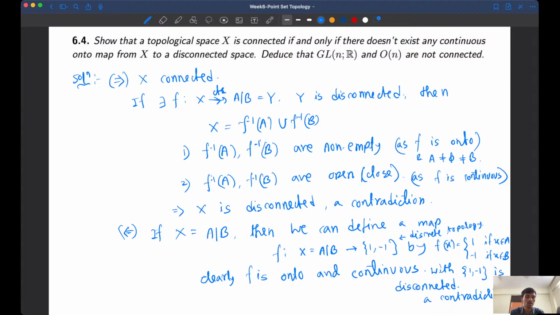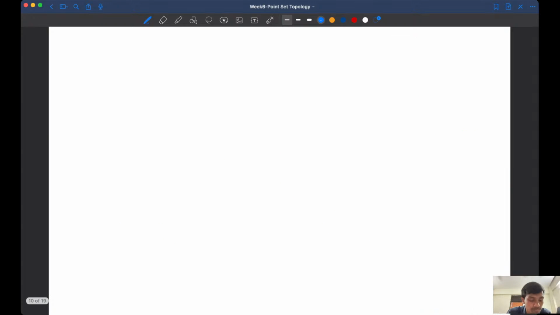Hence we can't write X as a separation A and B, right? And an easy consequence of this is that GL_n(R) and O_n(R) are not connected. So can you produce one continuous onto map from GL_n(R) to some disconnected set?